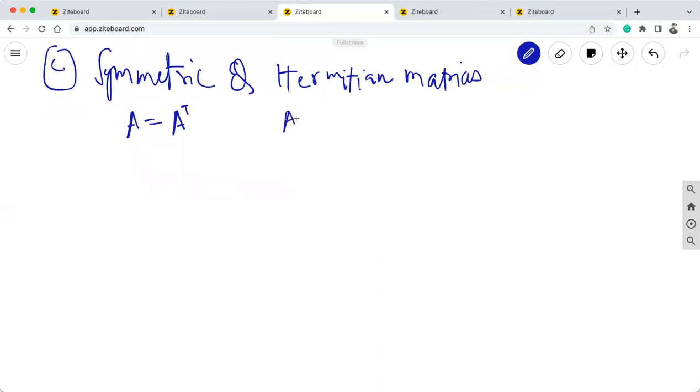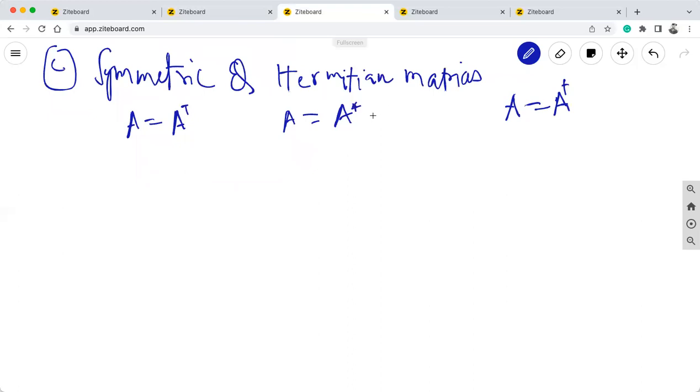Similarly, for a Hermitian matrix, A equals its complex conjugate transpose, so we have a definition for this as the Hermitian matrix. These two together can be written as A equals A dagger. This dagger notation we sometimes come across in certain scientific papers. It implies both the symmetric and the Hermitian property together.